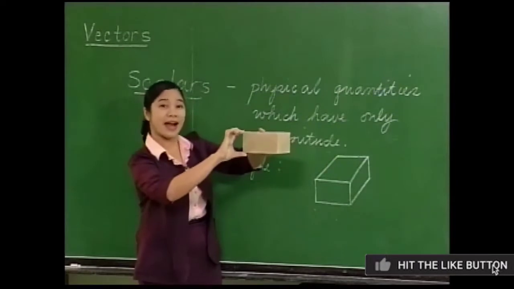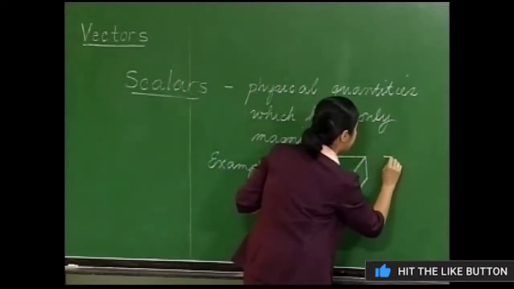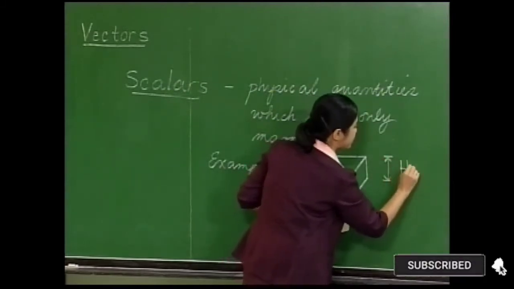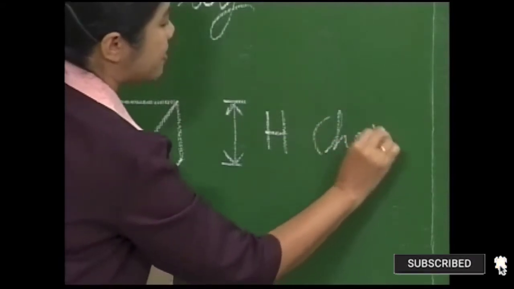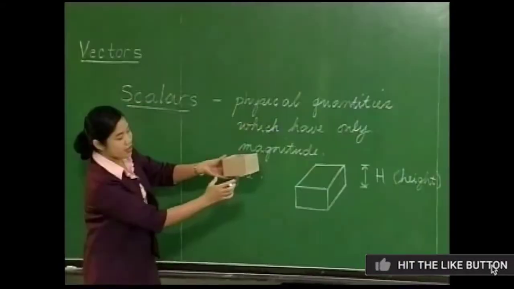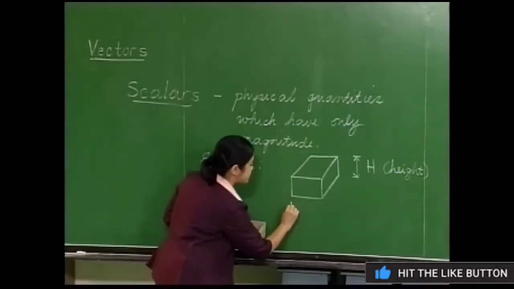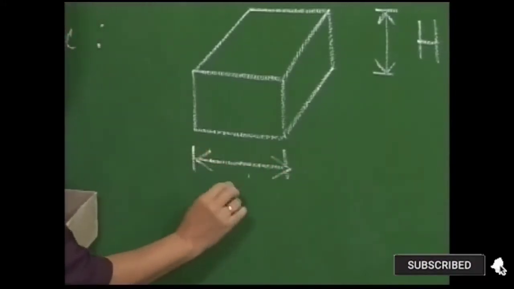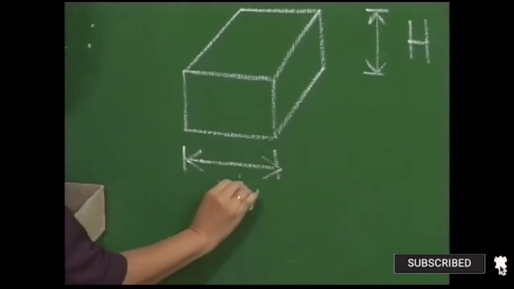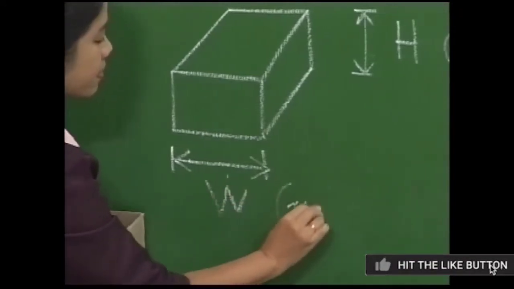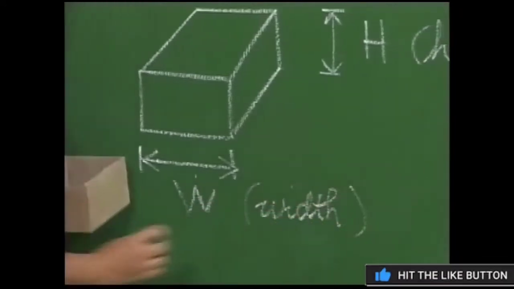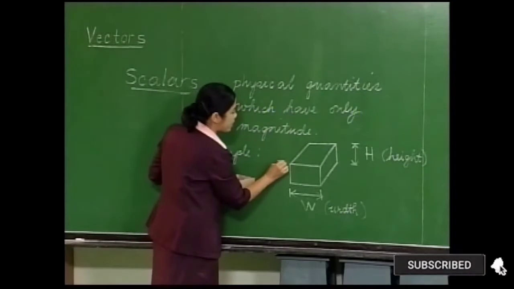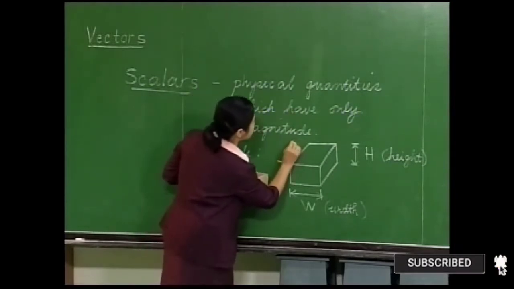This is the height, and we call this h. You have this width, let's call this W. On the other hand, you also have the length, from this point to this point.